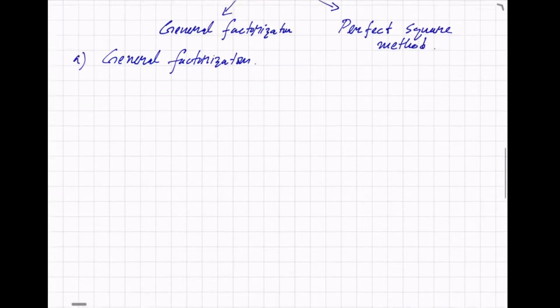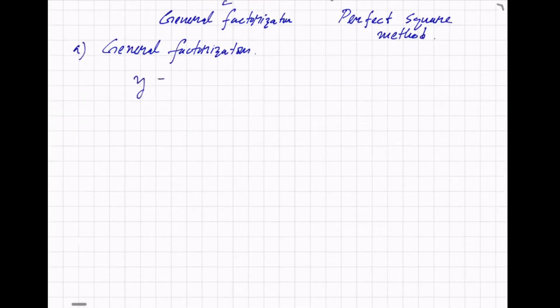Suppose you have a function like y = x squared + 5x + 6. This is the general factorization, remember. First of all, you get this number over here, which is plus 1, and you multiply that with the last number. So that would be plus 1 multiplied with plus 6, which is 6.